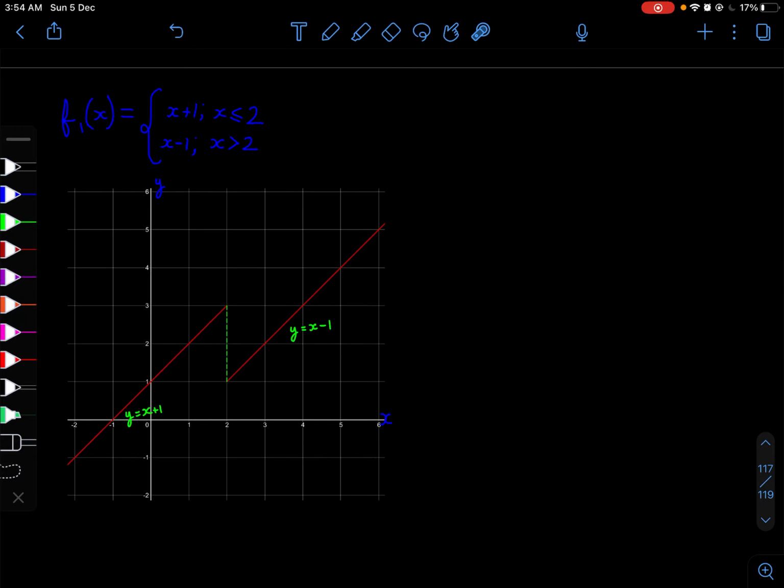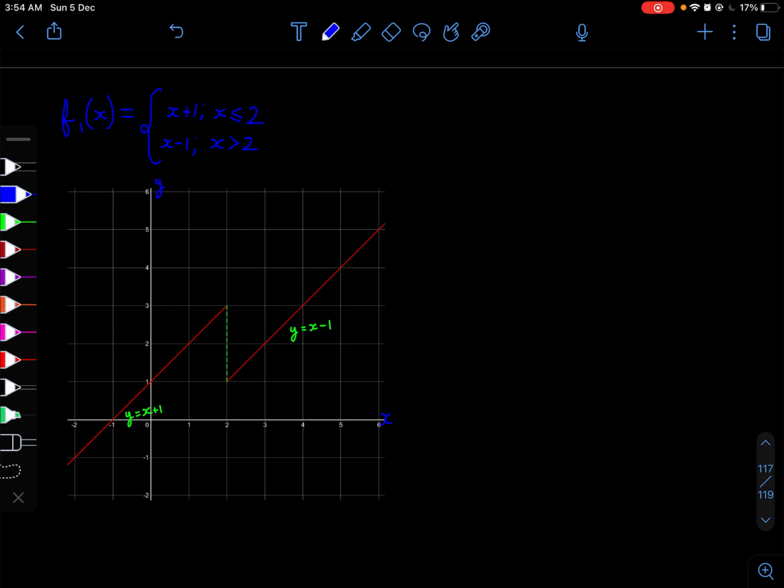So for example, if you have a function, say f1 of x equals x plus 1 when x is less than or equal to 2, and it's equal to x minus 1 when x is greater than 2. So first of all, this function is discontinuous, as we can see from the graph, or we can just substitute.